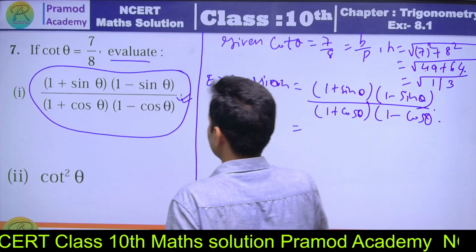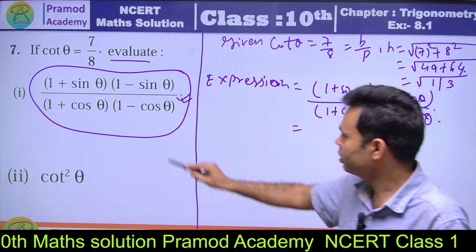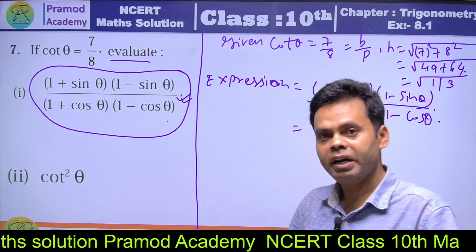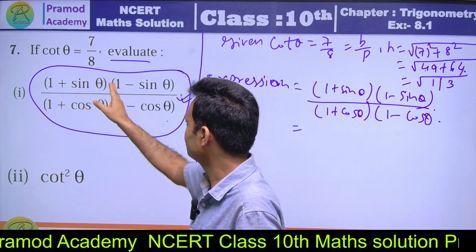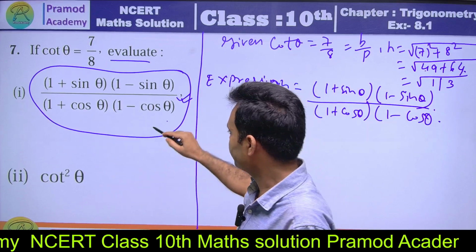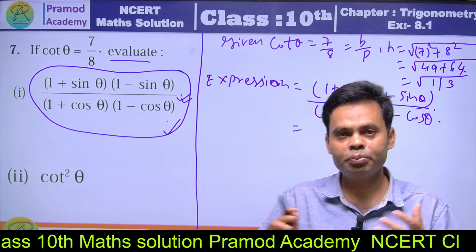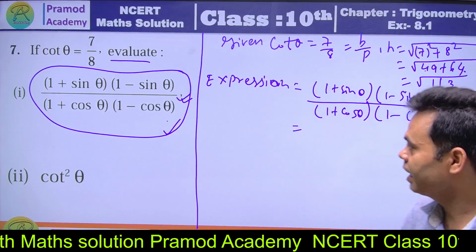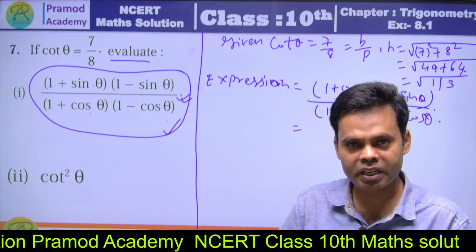We can find the solution of this question by 2-3 methods. First, we can put the formula of A plus B into A minus B. According to that formula, we can solve this problem. But if we don't want to use that formula, then we can directly put the values of sin theta and cos theta. That way also we can solve.